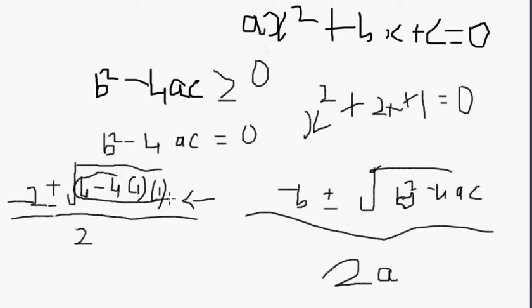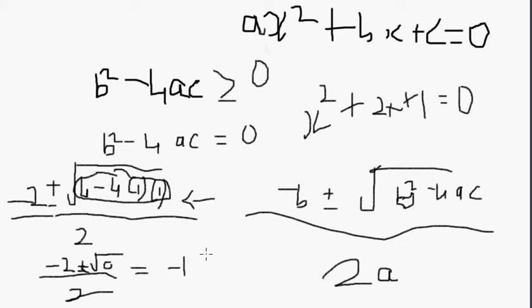The b squared minus 4ac is the discriminant. This discriminant value is 0, divided by 2, so you get only one value, that is minus 1.